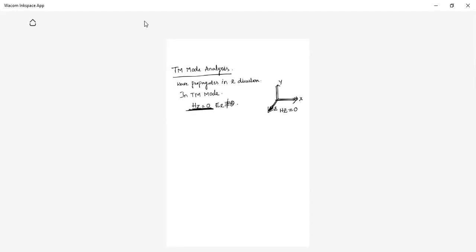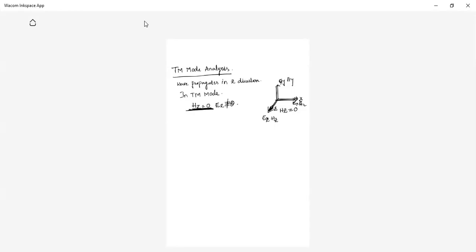We have 6 field components. What are the 6 field components? We have Ex, Ey, Ez, Hx, Hy, Hz. Out of these 6 field components, in TM mode of analysis, Hz becomes 0 and Ez doesn't become 0.